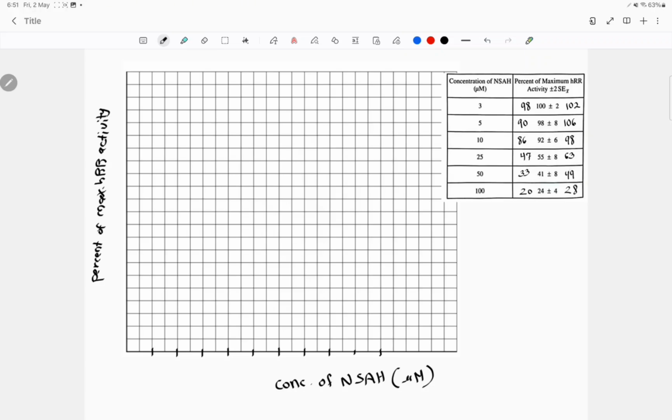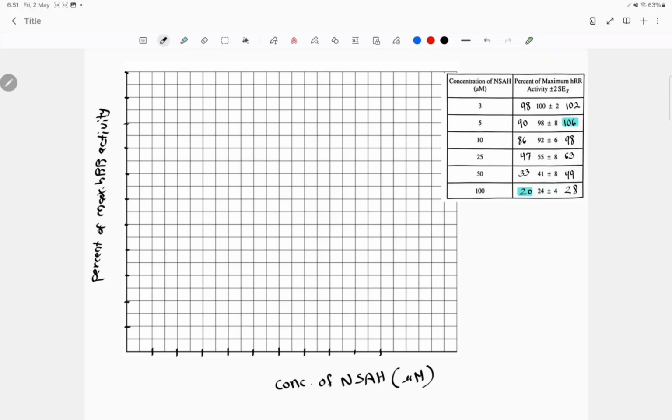How about the y-axis? My lowest number is 20, and my highest number is 106. If I do 10, 20, 30, 40, 50, 60, 70, 80, 90, 100, 110, I should be fine.